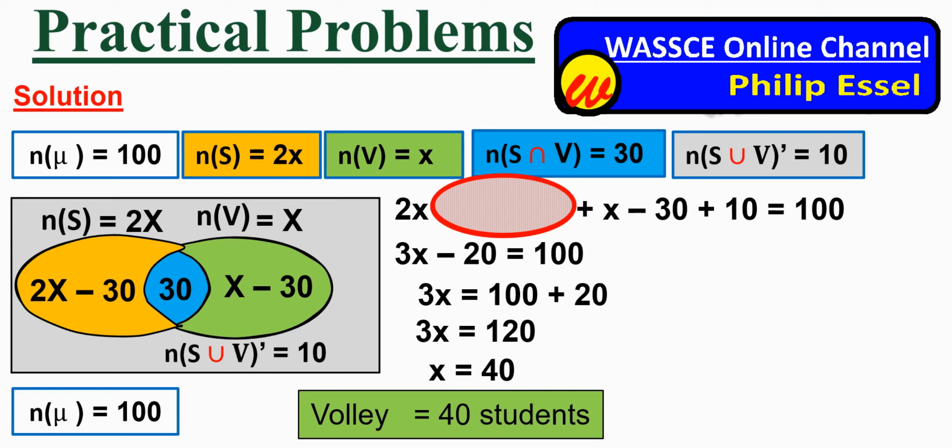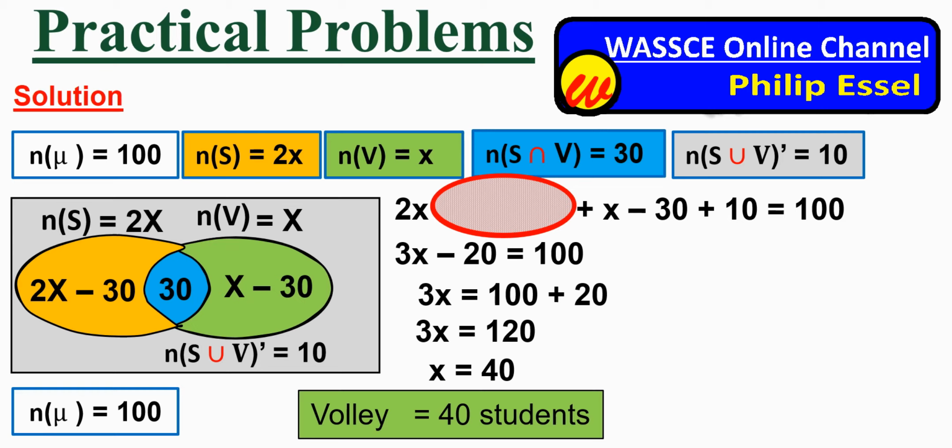Remember, the number of students who play soccer is equal to 2x. Now that we know the value of x, which is 40, we can substitute it into 2x, and we can get the number of students who play soccer.